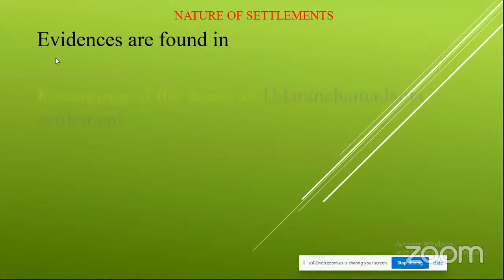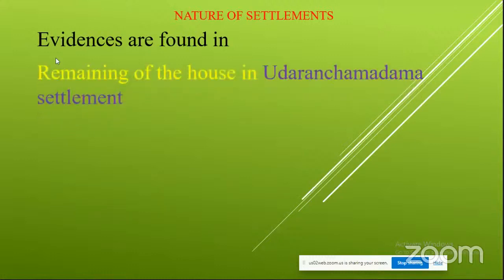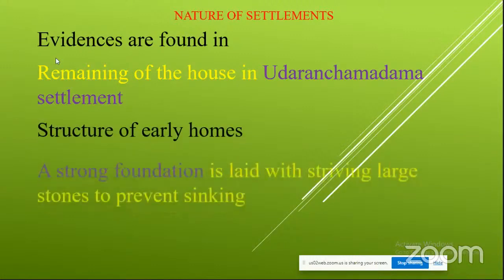So the remainings of a house that they had constructed have been found from Udaranchamadama settlement. Udaranchamadama settlement is very, very important. You have to keep in your mind that it is the place where you are given evidences about early construction of houses. So we have found ruins of a house constructed in Udaranchamadama settlement.